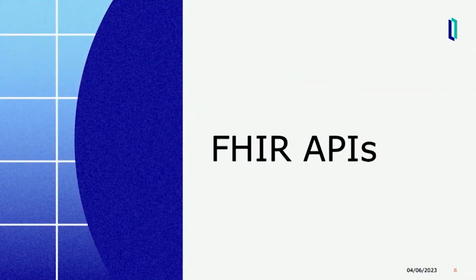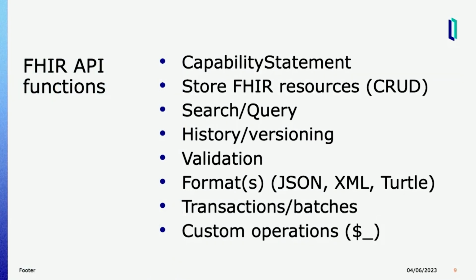So FHIR APIs, these are the capabilities that they can have. They don't necessarily have all of them except the capability statement, the first one. So they may or may not store FHIR resources. They may allow search query for FHIR resources. They may include history and versioning of the FHIR resources that are stored.